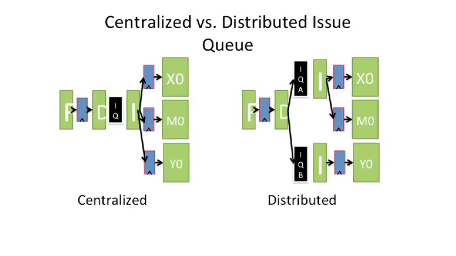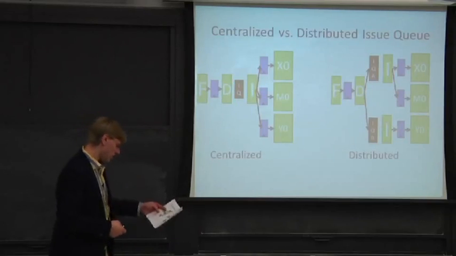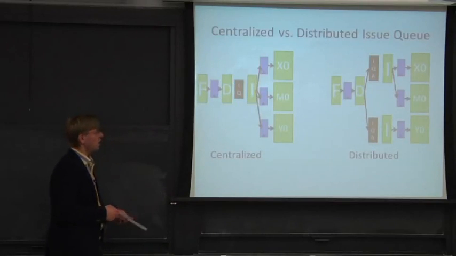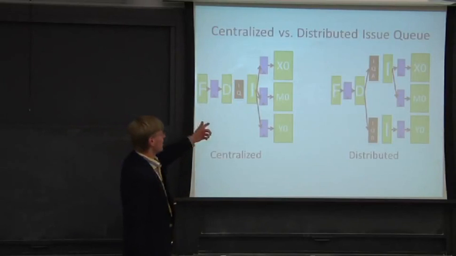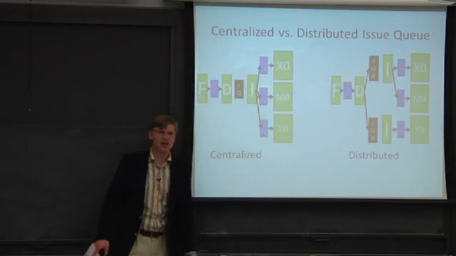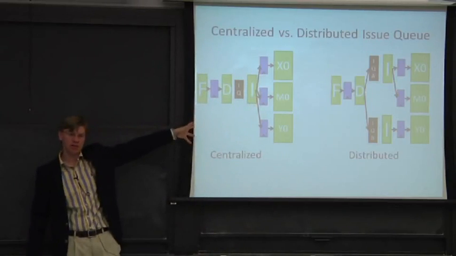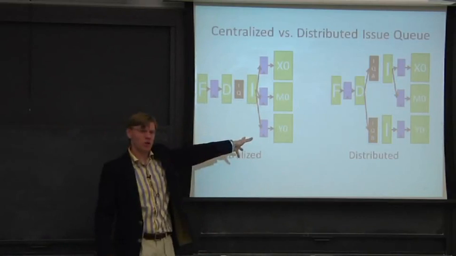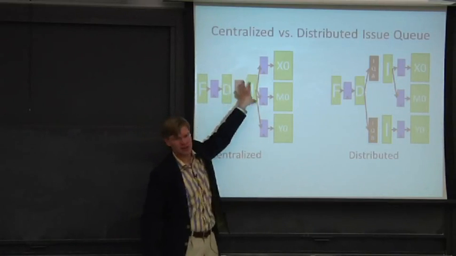OK, so centralized versus distributed issue queues. In a logical sense, in a perfect world, it's probably nice to have a big centralized issue queue. You can scan over all the instructions; you don't have to look around. But this can sometimes be harder to implement because you have to put all of your instructions in one location.